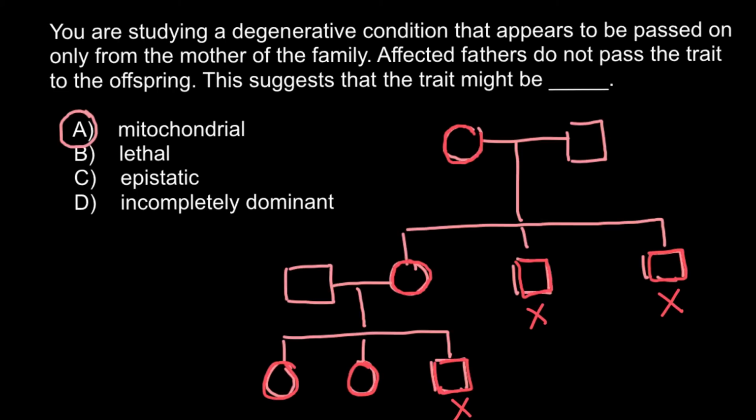If they marry normal females that don't have this genetic disorder, all of the progeny would be phenotypically and genotypically normal. This is because only females pass mitochondria to the progeny, and males don't pass mitochondria.